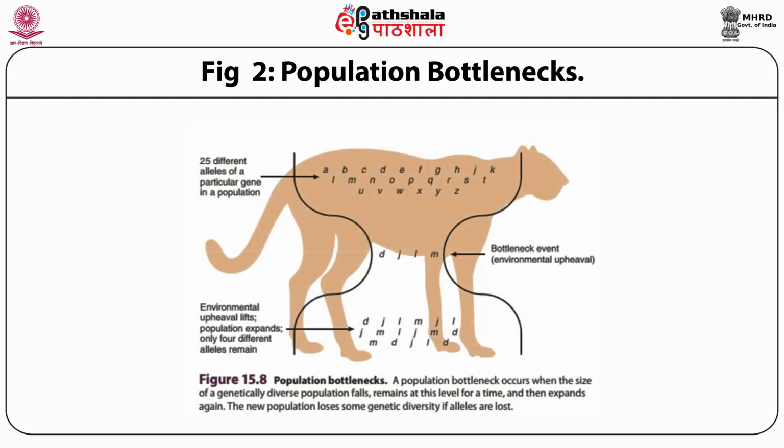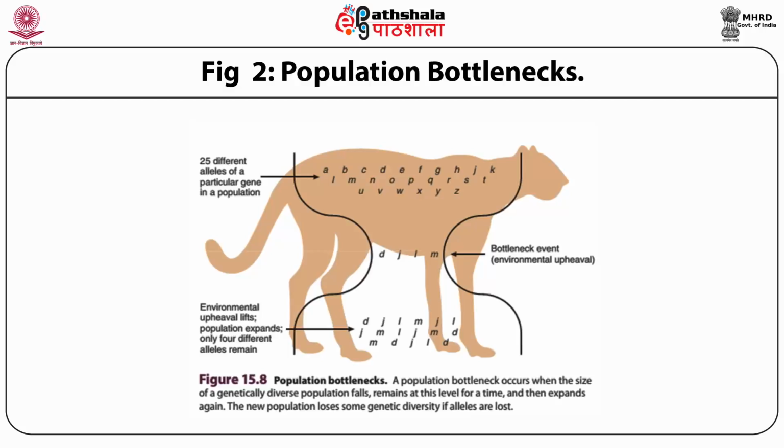Example of a population bottleneck. A population bottleneck occurs when many members of a group die and only a few are left to replenish the number. The new population has only those alleles in the small group that survive the catastrophe.